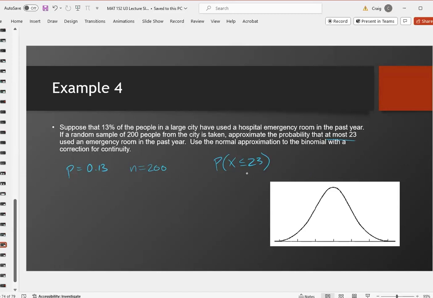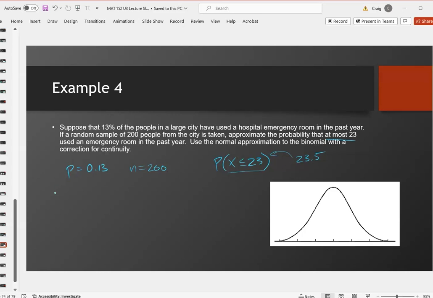We can't have a decimal number of people come to the hospital, right? But we kind of treat it like a decimal. We can approximate it with the normal distribution. And so what numbers will round to 23 or less? Anything less than 23.5 will round down to 23.